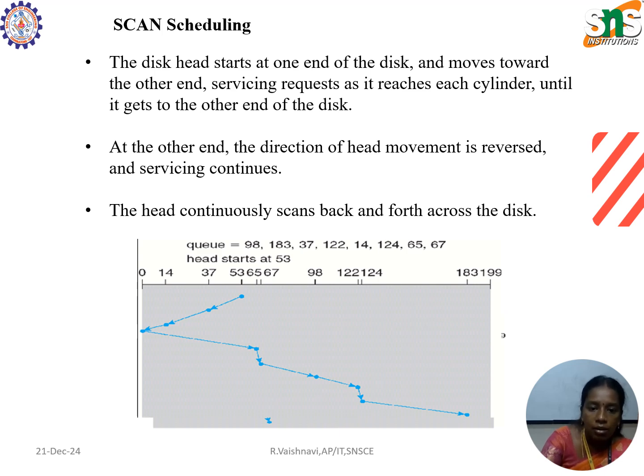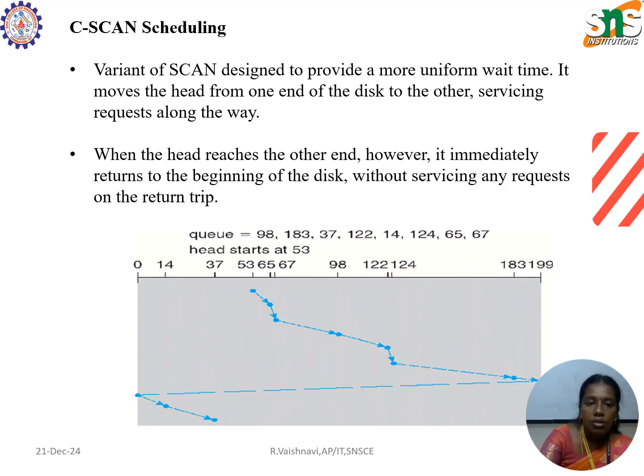Then from 0 it goes to the next value, that is 65, followed by 67, and then 98, and then 122, 124, and it ends at the end position, 183.